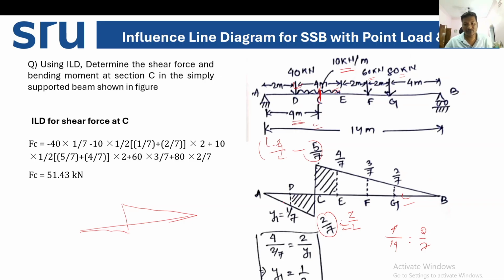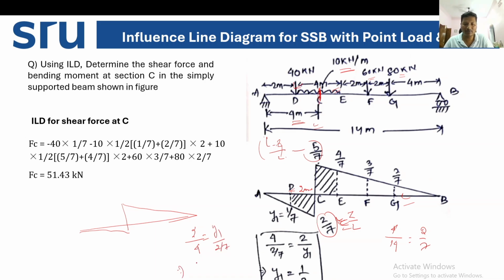So now quickly we should calculate. Initially we are taking time. Now if the maximum negative ordinate is 2 by 7, what will be the ordinate at 2 meter distance from that? Use the similar triangle formula, with 2 meter and this is also 2 meter. So 2 divided by 4 is equal to y1 divided by 2 by 7.